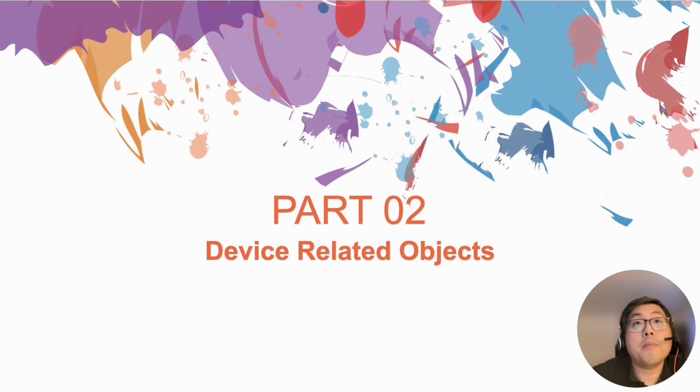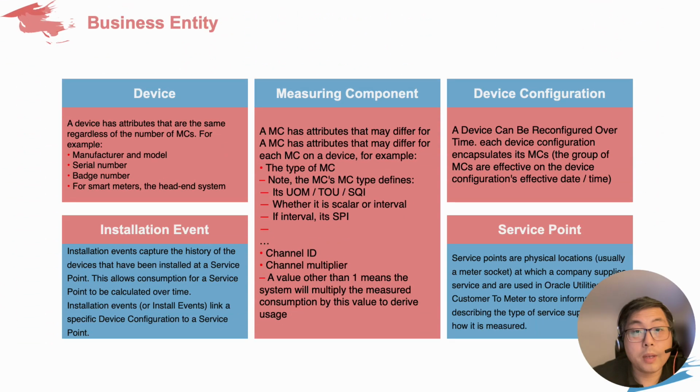Okay, so in the second part we talk about the device related objects. I put these main objects on one page. So let's start from the last one, service points, which in terms of hierarchy is at the top one.